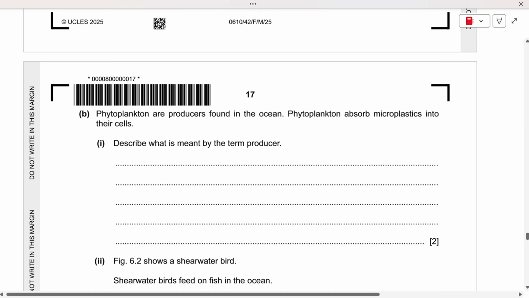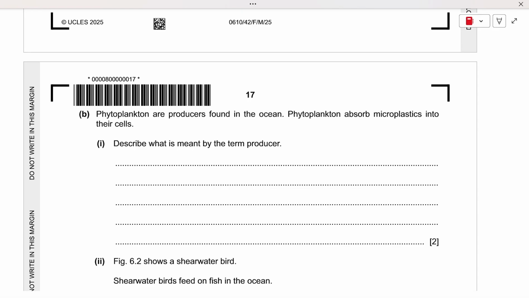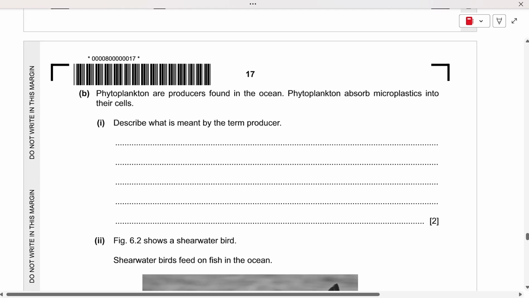B says phytoplanktons are producers found in the ocean. Phytoplankton absorb microplastic into their cells. Describe what is meant by the term producers. So producers are the organisms that make their own food. How do they make their own food? By the process of photosynthesis.